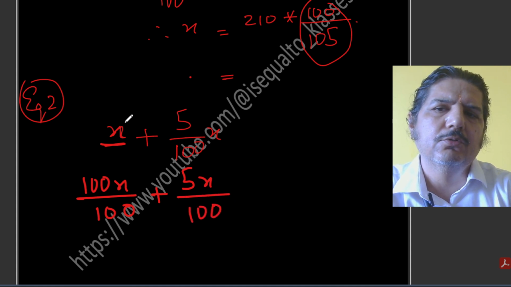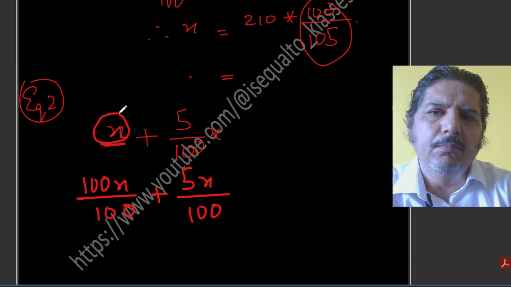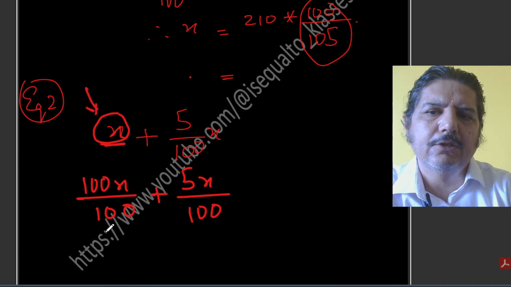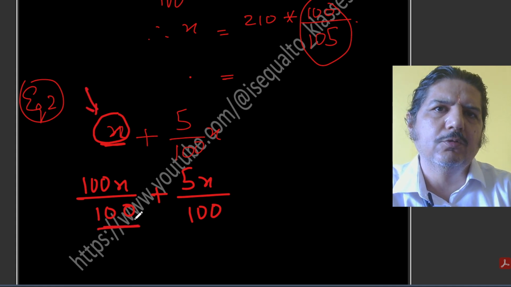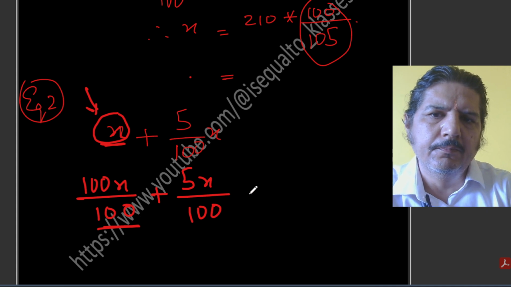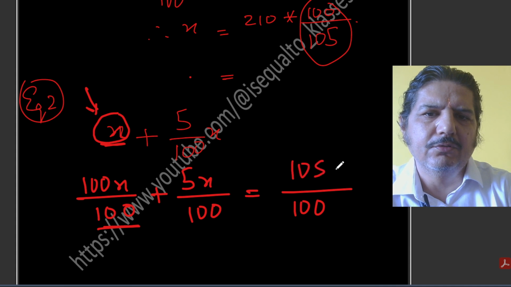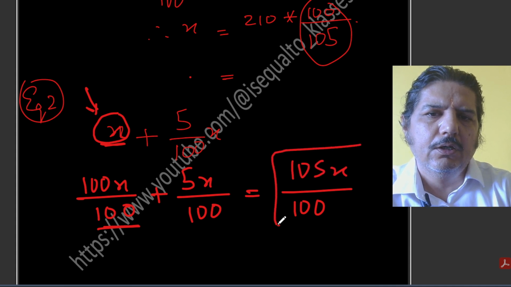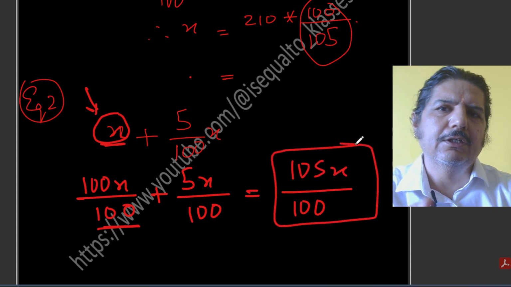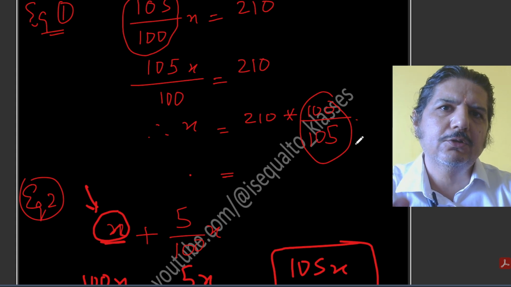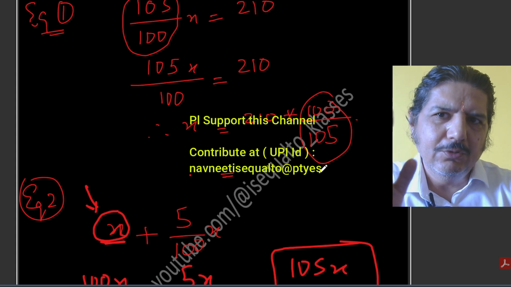Basically what I'm trying to do is make the denominator of this x as 100, and I can do that by multiplying the numerator and denominator both by 100. So 100 is the denominator, so this will be 100x plus 5x. This will be 105x.